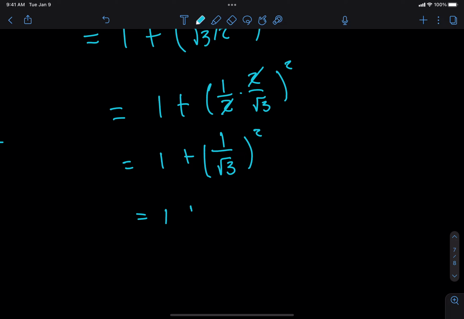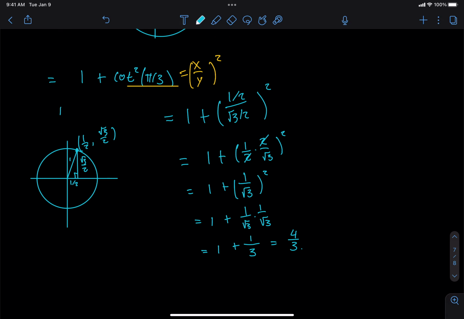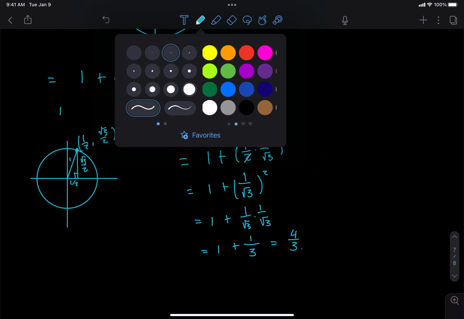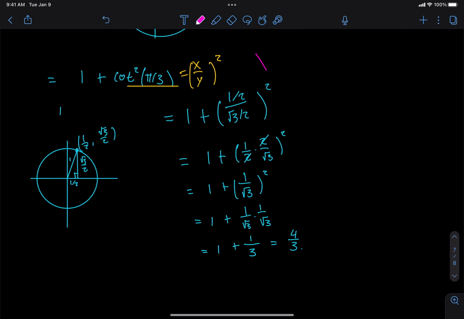You could rewrite it if you really want as 1 over the square root of 3 times 1 over the square root of 3. Multiply the numerators, you get 1. Multiply the denominators, you get 3. So this, all told, is 4/3. That's method 1. Method 2, I'll show you in pink, would be to say, screw this. This is a Pythagorean identity.